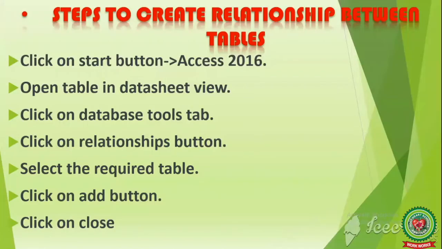Now I am going to speak the steps to create a relationship between tables. Steps are: click on Start button, Access 2016, open table in Datasheet view, click on Database Tools tab, click on Relationships button, select the required table, click on Add button and click on Close.